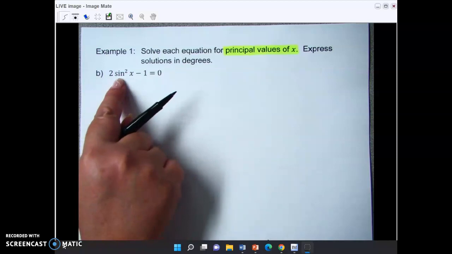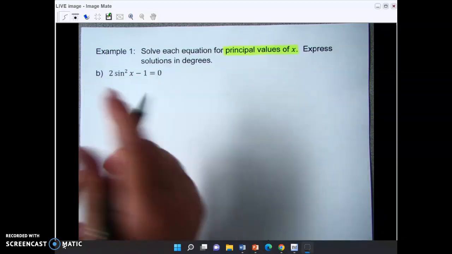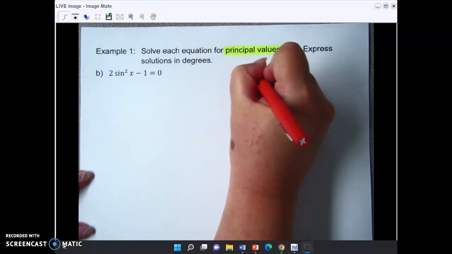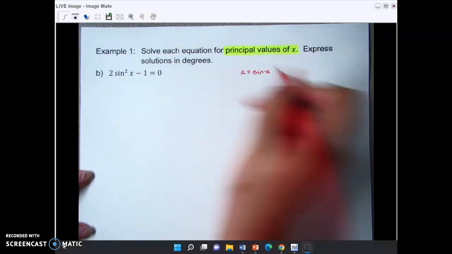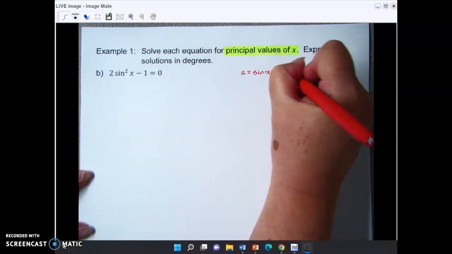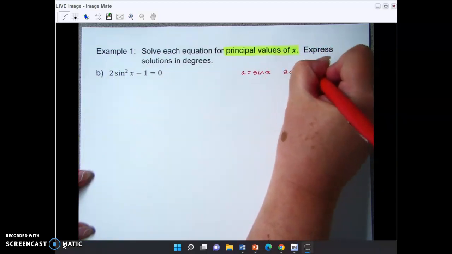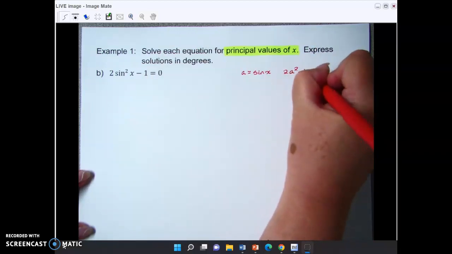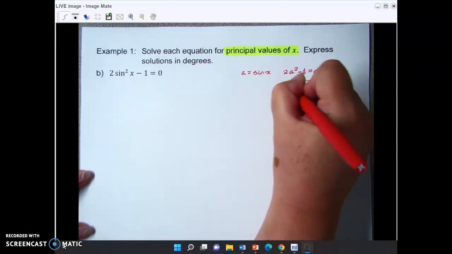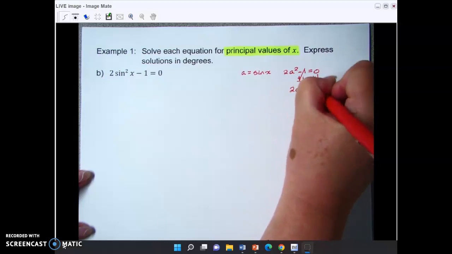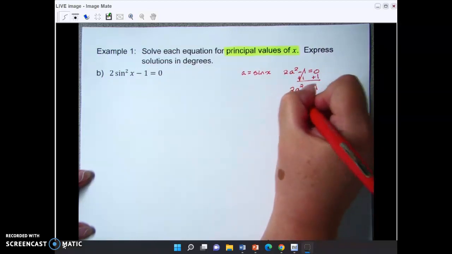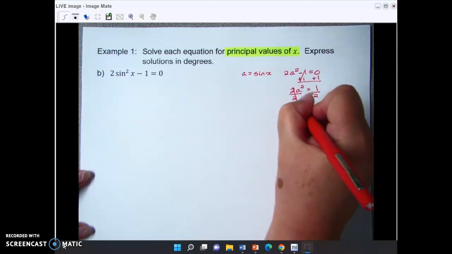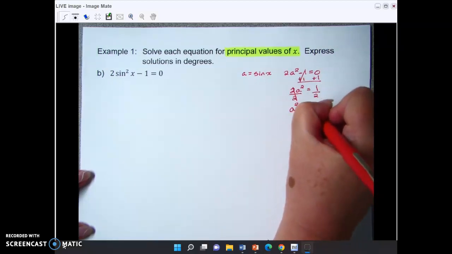So if I go to start solving for sine of x, now if we had said a is equal to sine of x, just to show you we're doing just like we did in algebra, this is saying 2 times a squared minus 1 is equal to 0. So I could add 1 to both sides, and I get 2a squared is equal to 1. And then I could divide both sides by 2. And I'm saying a squared is equal to 1/2.